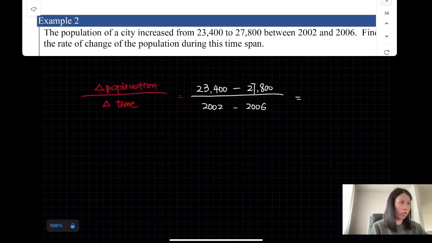When you simplify it, you will get 1,100 people per year. So notice that we knew the population was increasing, so we would expect our value for the slope m to be positive. This is a quick way to check if the value is reasonable.